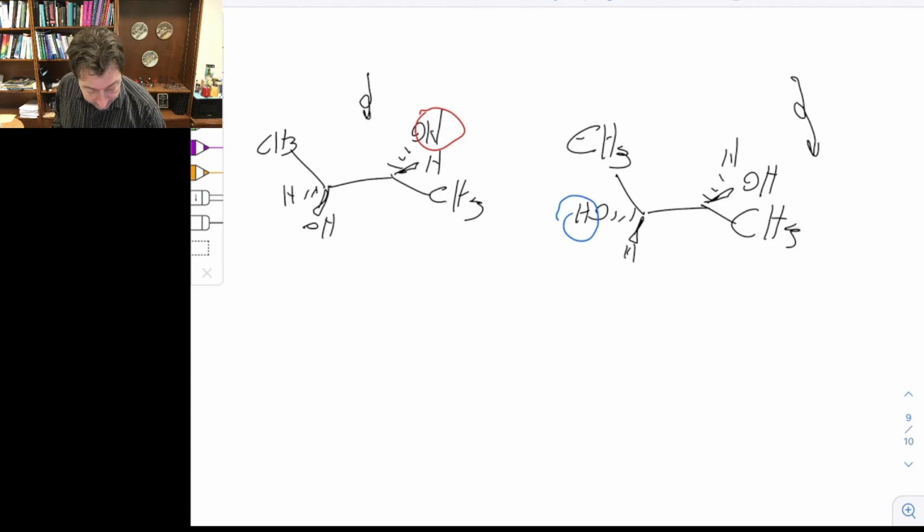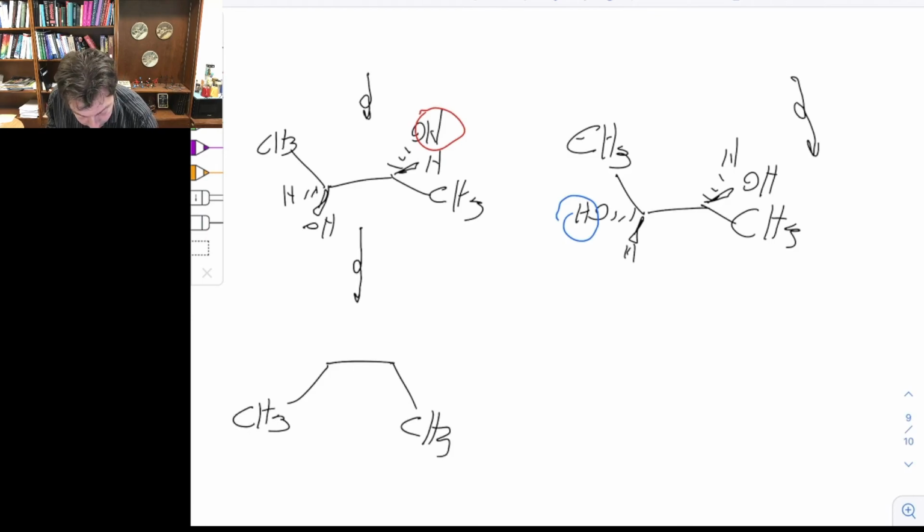And let me draw another conformation of this particular molecule here. And again, I'll show this as an eclipsing conformation. And if I crank this down, I'll do the same here.